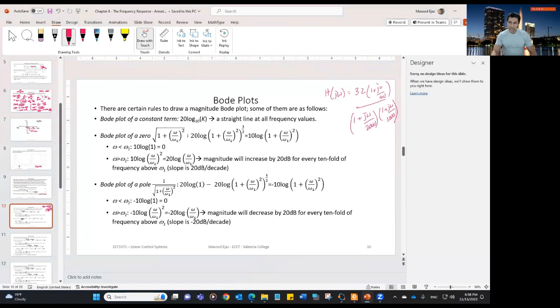We're going to come back to that in a little bit when we do the examples. But you can have, of course, a numerator of zeros, a denominator of poles, and of course you can have a constant value as well.